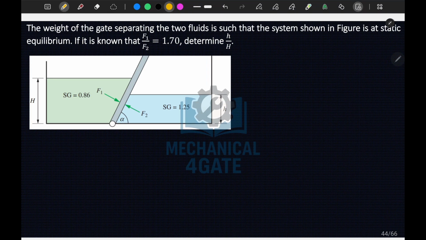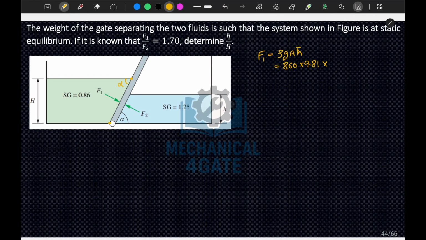So we can say here that in this liquid, if I want to calculate F1, this will be your theta, and this is equal to alpha basically here. So F1 is equal to rho g A h bar, which will be rho 1860 into g 9.81 into A, which is the distance from here to here, and let's say 1 unit inside.